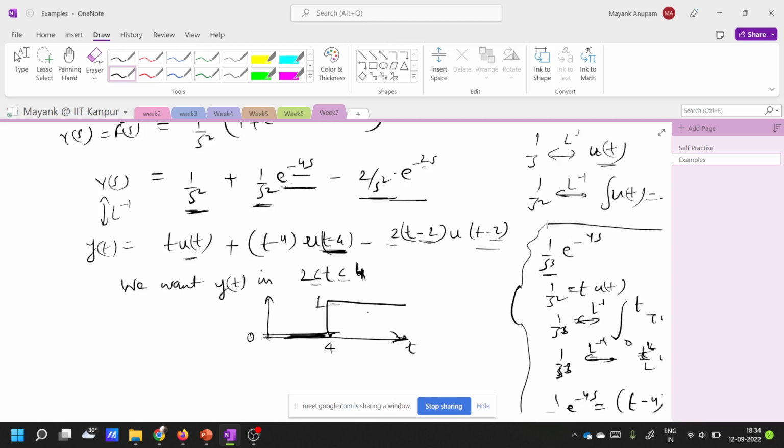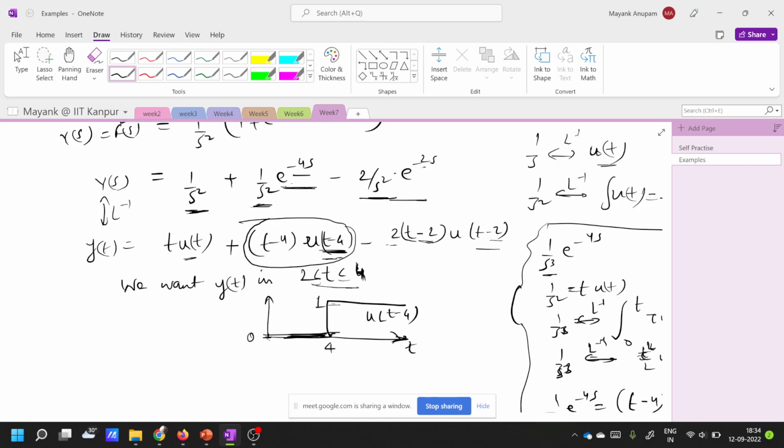So this is u of t minus 4, correct? You see that this particular term here in the middle one, is my cursor visible? So this right here will become 0 between t is equal to 2 to 4, because before 4 it is 0.